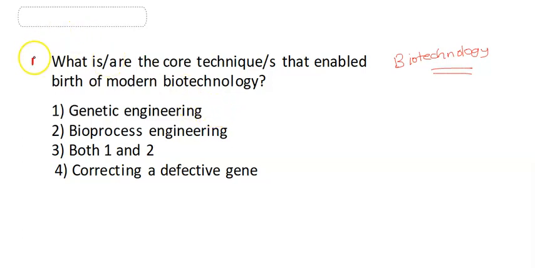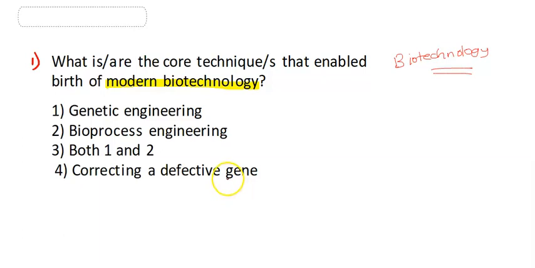I am taking the first question. What is or are the core techniques that enabled the birth of modern biotechnology? Four options are given: genetic engineering, bioprocess engineering, both 1 and 2, and correcting a defective gene.